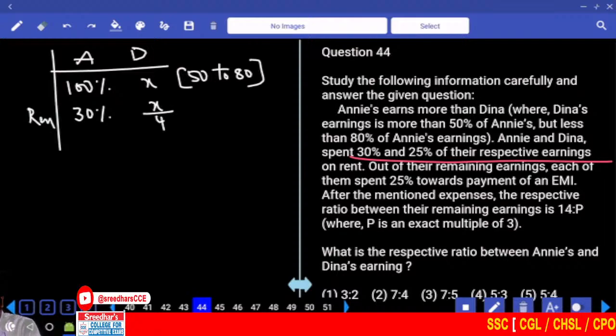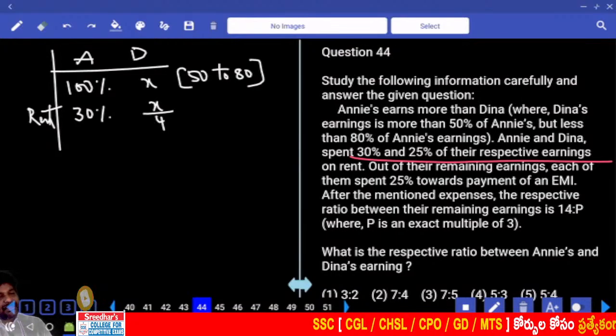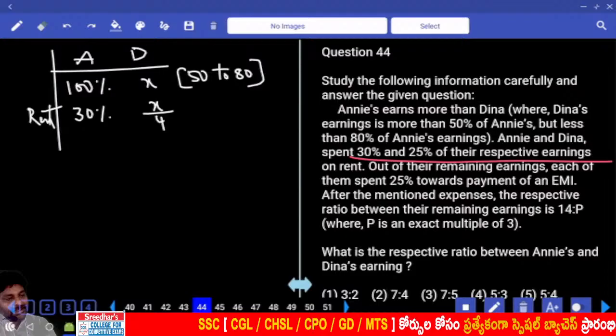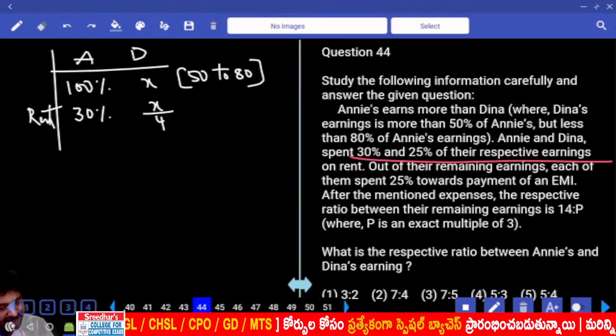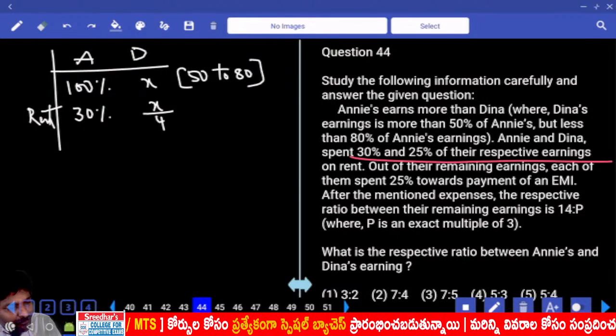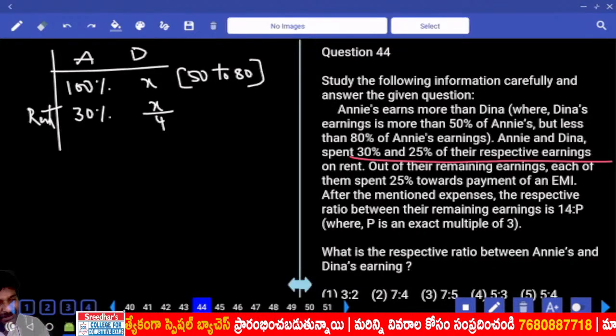This is towards rent. Out of the remaining earnings, each of them spent 25% towards payment of EMI. Keep it aside. After the mentioned expenses, the respective ratio between their remaining earnings is 14 and then P.